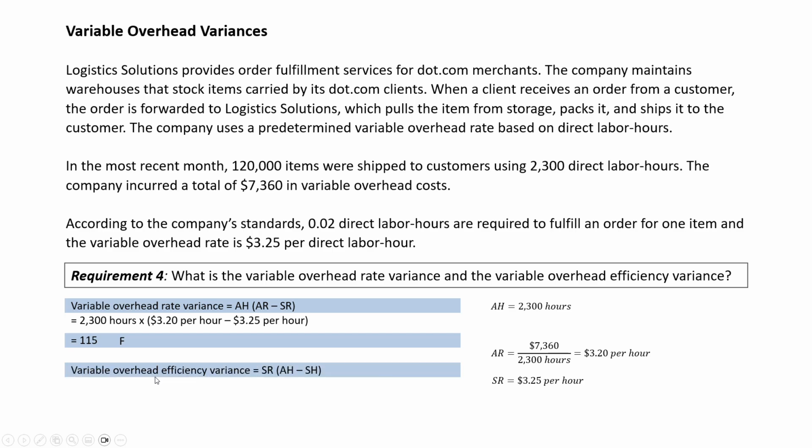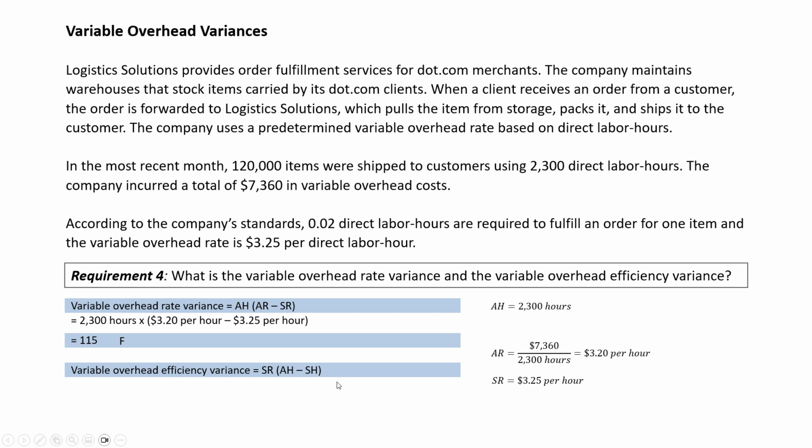On the other hand, we also have our efficiency or quantity variance, and this should look just the same as we calculated for our direct labor also. Standard rate times the difference between the actual hours minus the standard hours. Again, we have most of this information. Standard rate is $3.25, actual hours is 2,300.